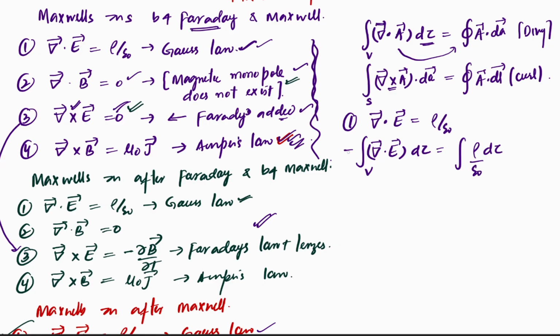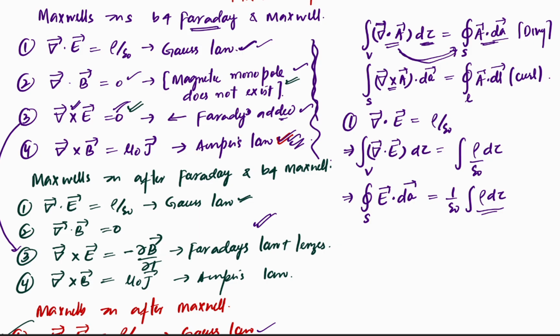There is no problem in using it. So using the divergence theorem, we can go from divergence to E dot dA, moving from volume to surface. So it becomes the closed surface integral of E dot dA equals, let me take 1 by epsilon 0 outside, the integral of rho d tau.